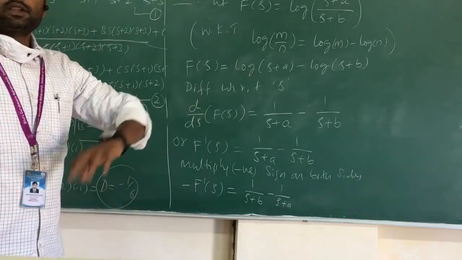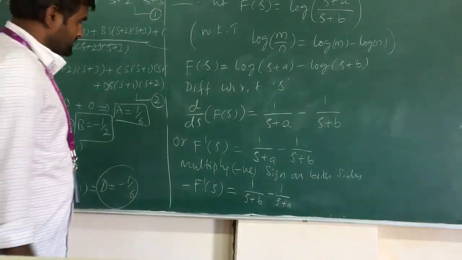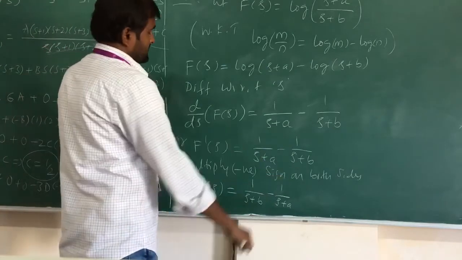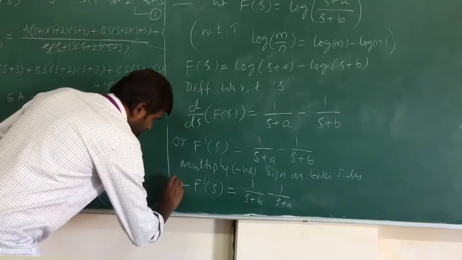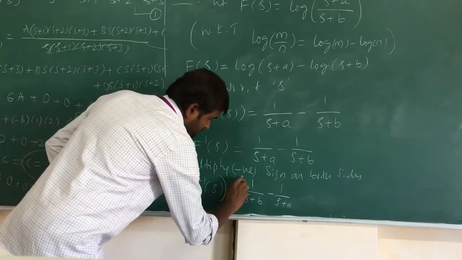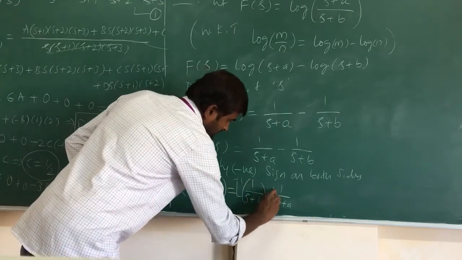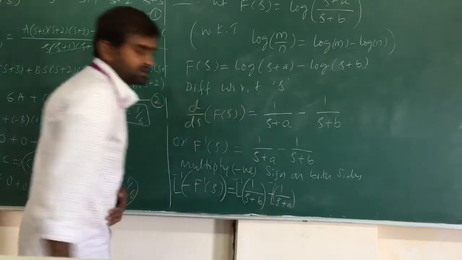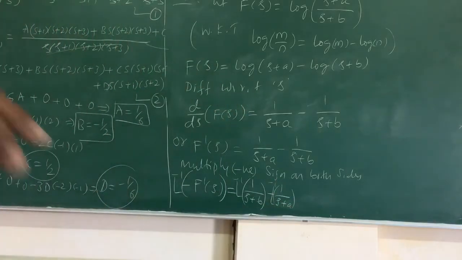So now what we do? Applying the inverse Laplace transform. If I apply the inverse Laplace transform on this, then inverse of this, then inverse of this. Shall I write separately? Yes.